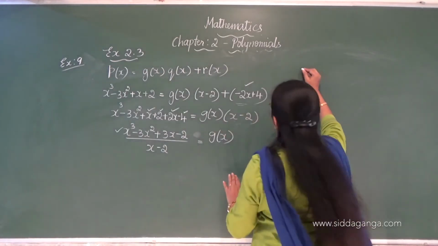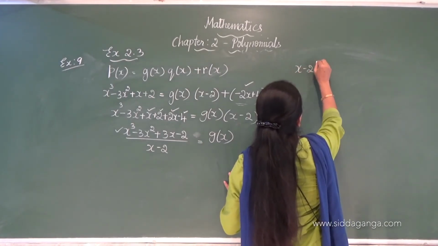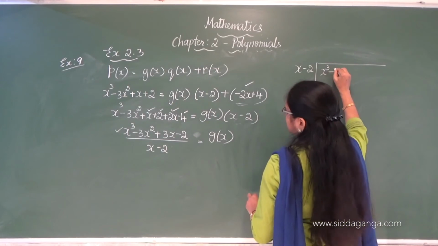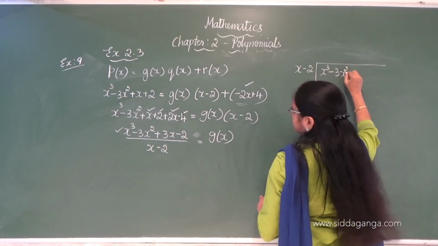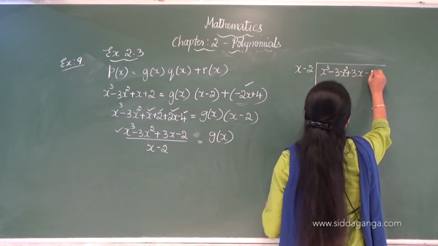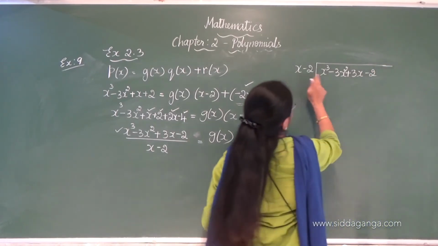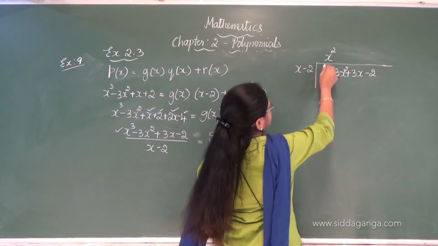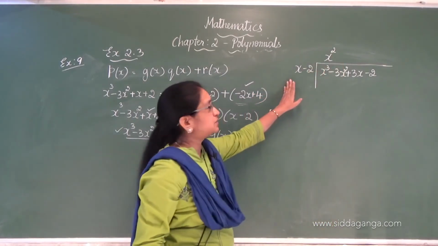Let me do it here now. X minus 2, divide x cube minus 3x square plus 3x minus 2. Now here the first term will be x square. I hope you understood this.